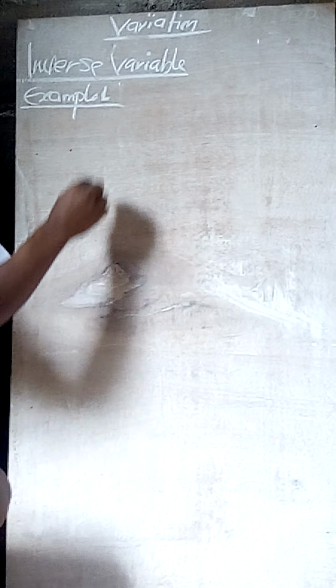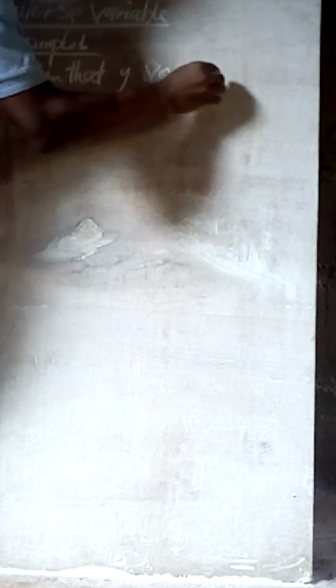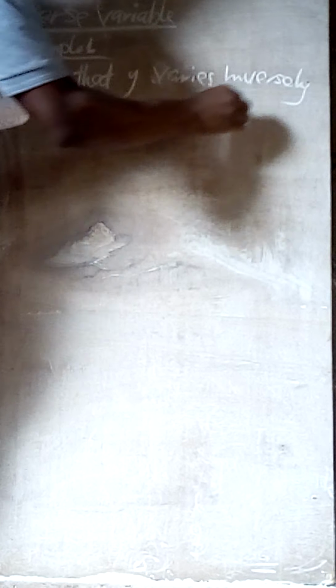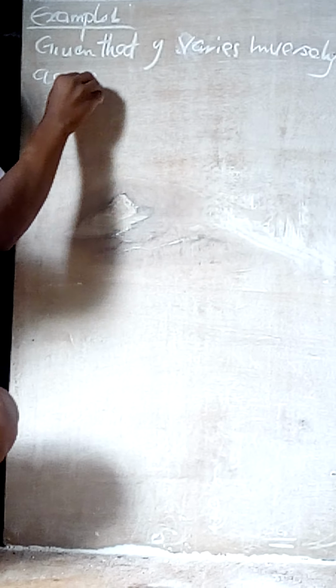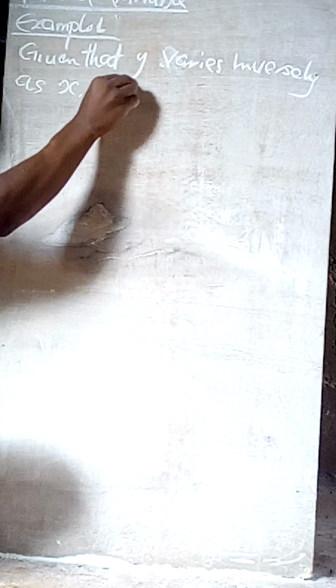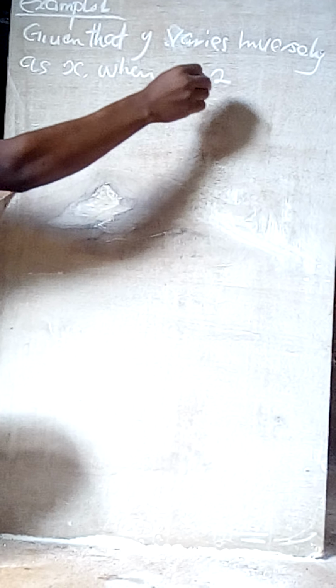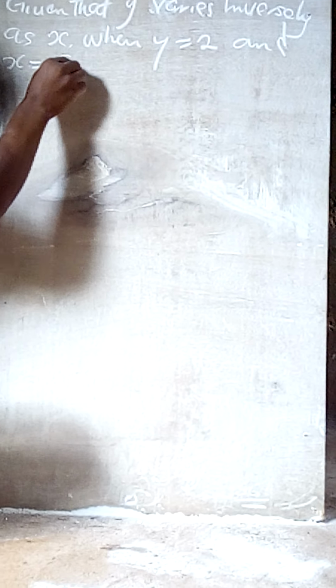Just imagine. Given that y varies inversely as x, when y equals 2 and x equals 6.